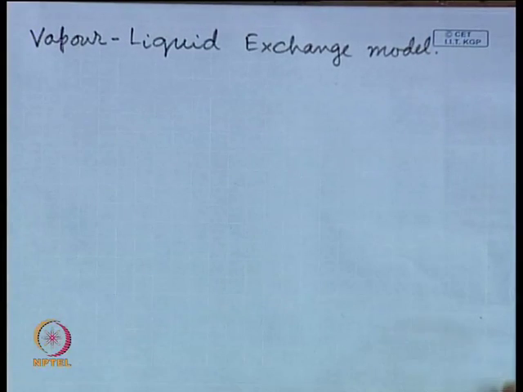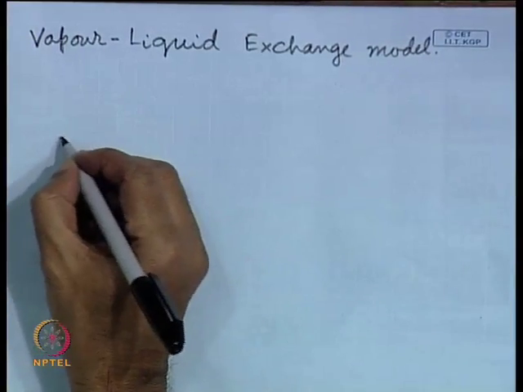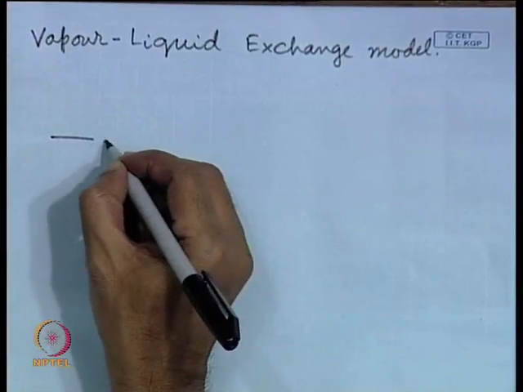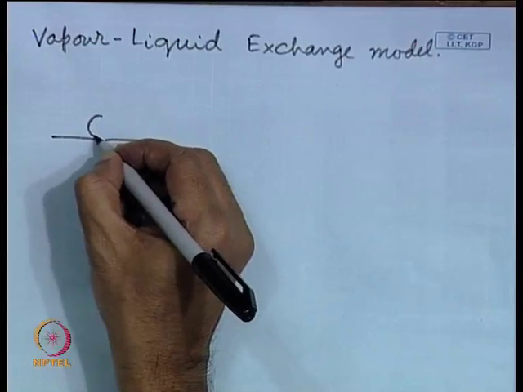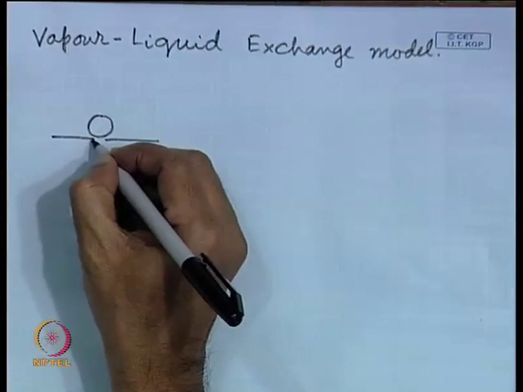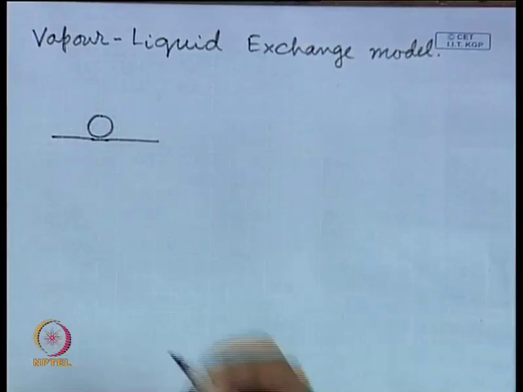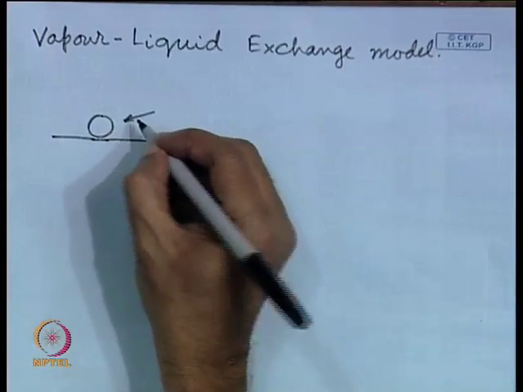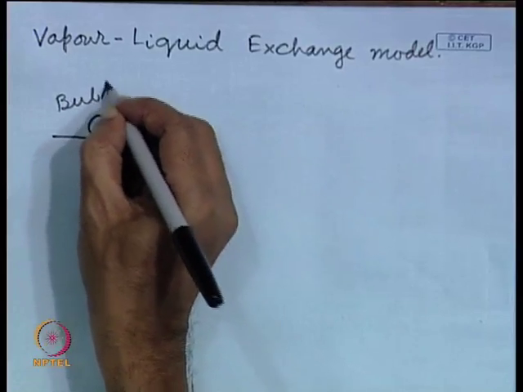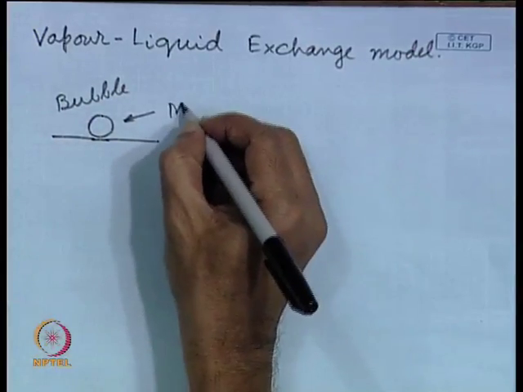In the vapor liquid exchange model, it is assumed that a bubble, let us say there is a bubble, maybe on the wall, maybe just above it. This bubble is nothing but a micro pump.